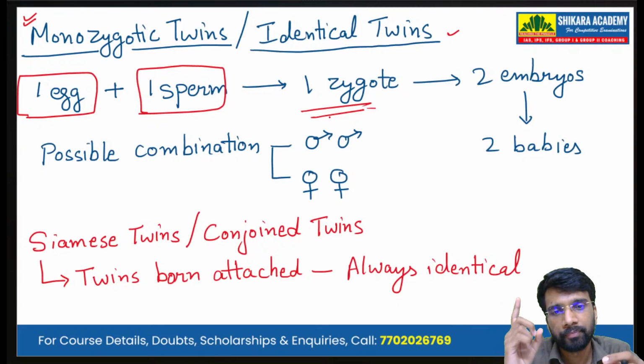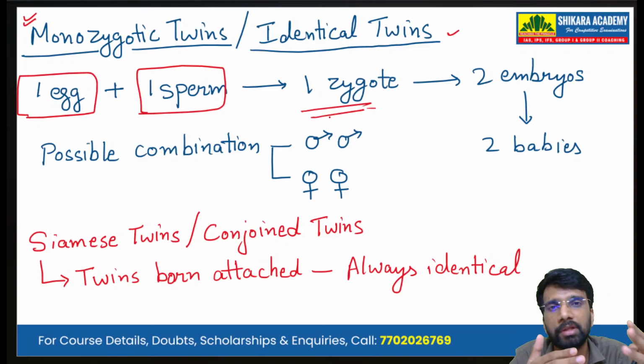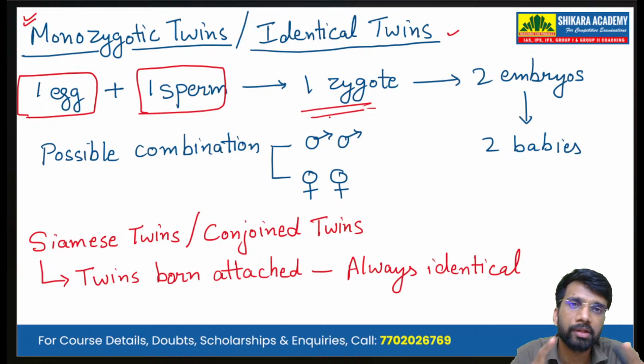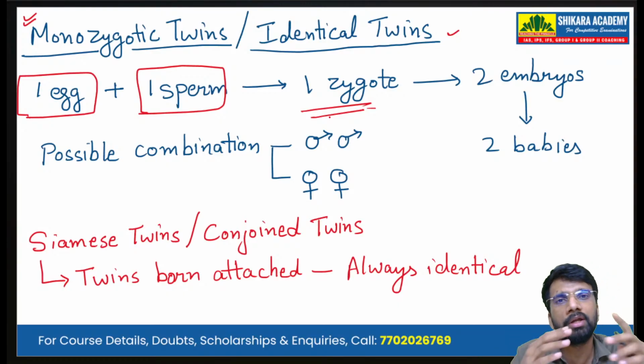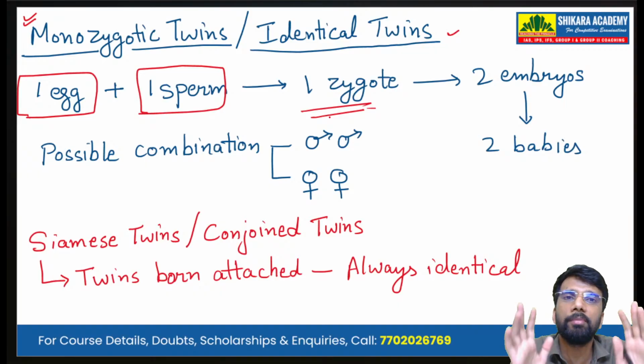In the dizygotic twins, we had two sperms and two eggs giving us two zygotes, which gave us two embryos and two babies. But now one egg and one sperm give us one zygote, which, because of some division, gives us two embryos. And these two embryos develop into two different babies.